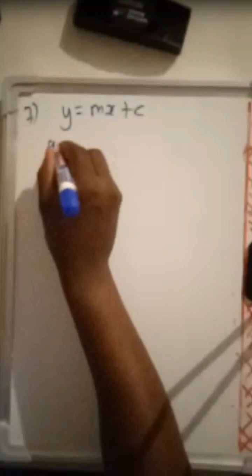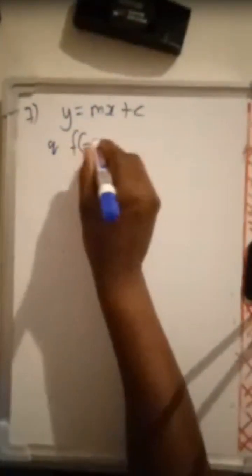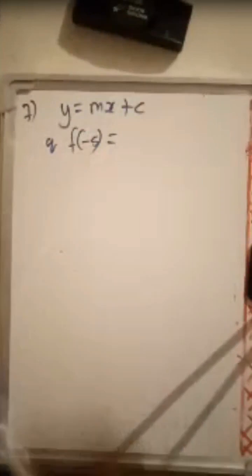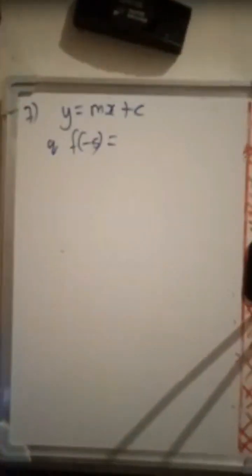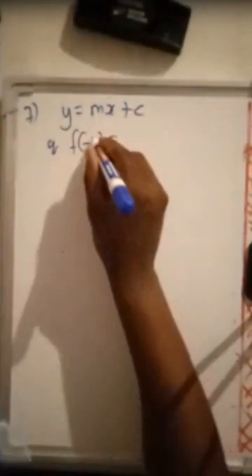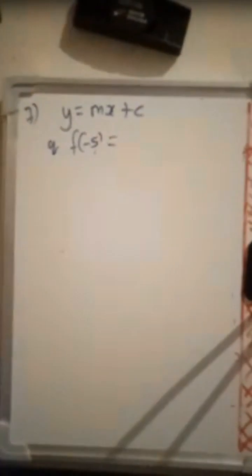In order to determine q, we actually do f of negative 5. That is going to be, in brackets, negative 5 cubed plus 5 times negative 5 squared minus 8 times negative 5 minus 12.